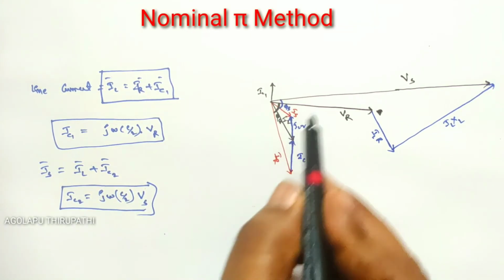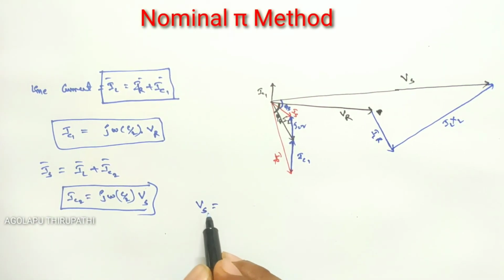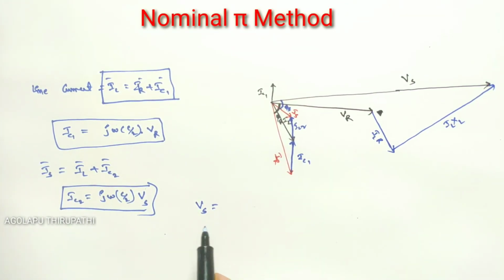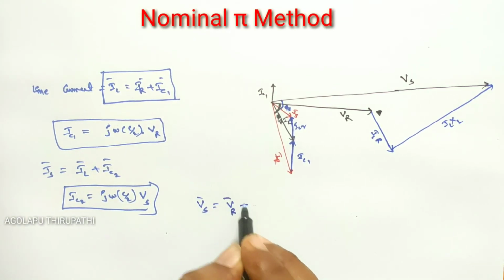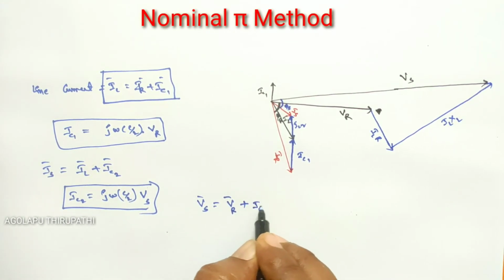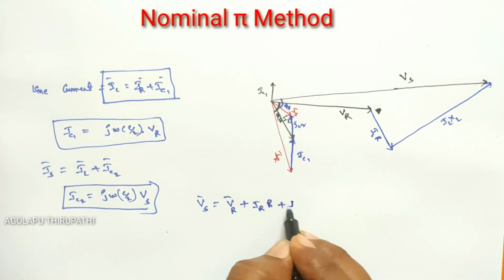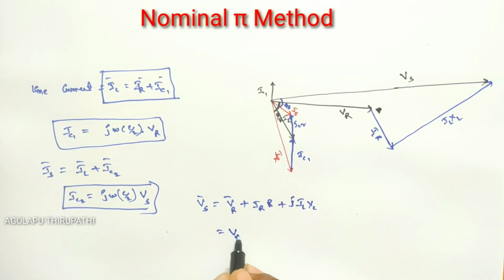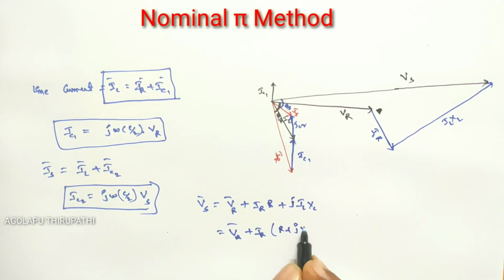Next we can write the sending end side voltage equation. What is Vs here? Vr plus the IL R drop plus the IL XL drop. So we can write Vs bar is equal to Vr bar plus, first write this drop, IR into R drop plus j IL into XL drop, right? From this, we can write VR bar plus, if you take IR common, R plus j XL.